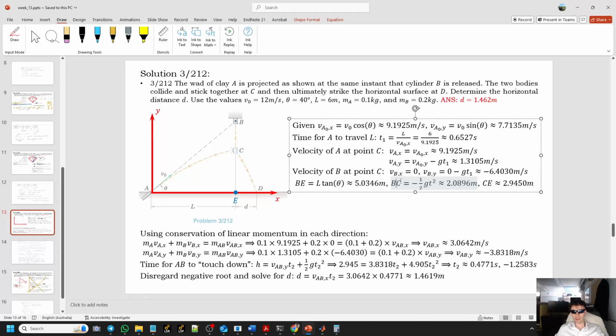EB is here, and the initial, or y0, will be, sorry, BE is this one, and the final one will be EC. I'm sorry for that. So EC minus BE, or it's better to say that BE minus EC.